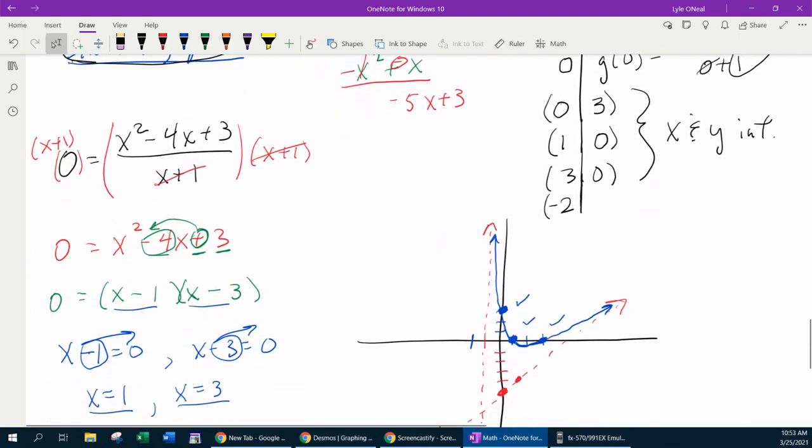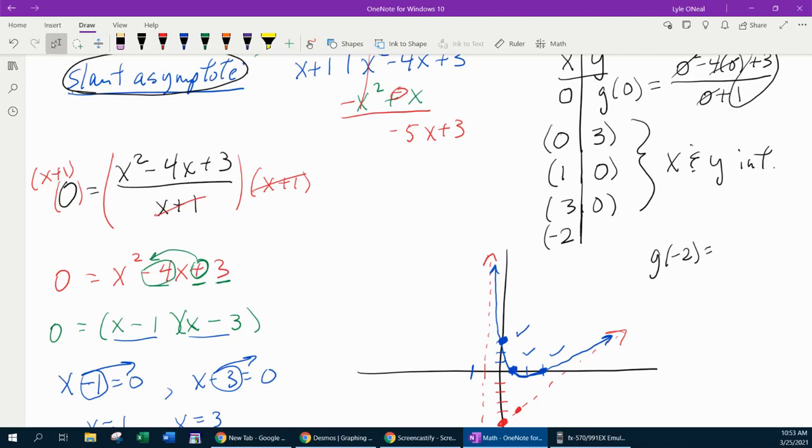In other words, we're going to calculate g of -2, and that's going to give us (-2) squared minus 4 times (-2) plus 3 all over -2 plus 1. And the easiest way to calculate that is with the Casio.